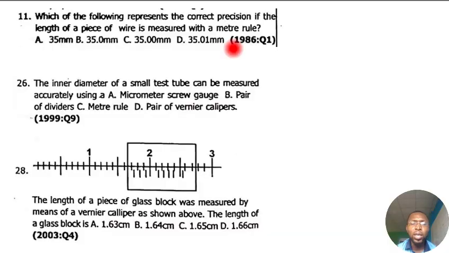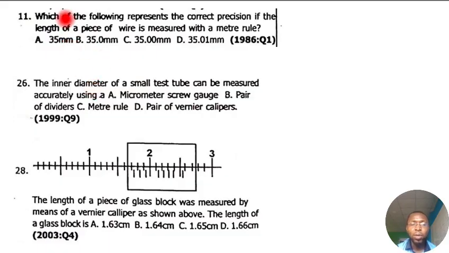Now the reading accuracy for the meter rule is 0.1 centimeters. Okay, 0.1 centimeters. But if you are going to leave it in millimeters, it's going to be 1 millimeter. So it has no decimal point. So in millimeter, the best one is 35 millimeters because it has no decimal point.